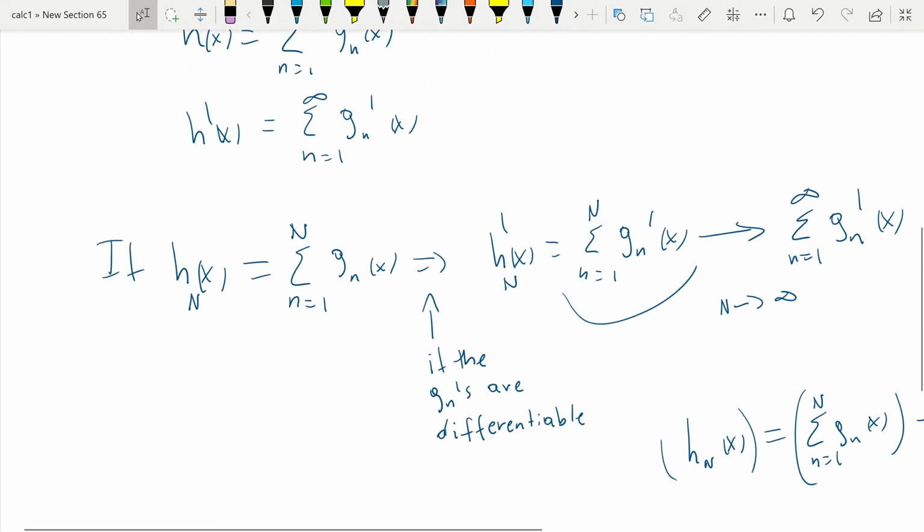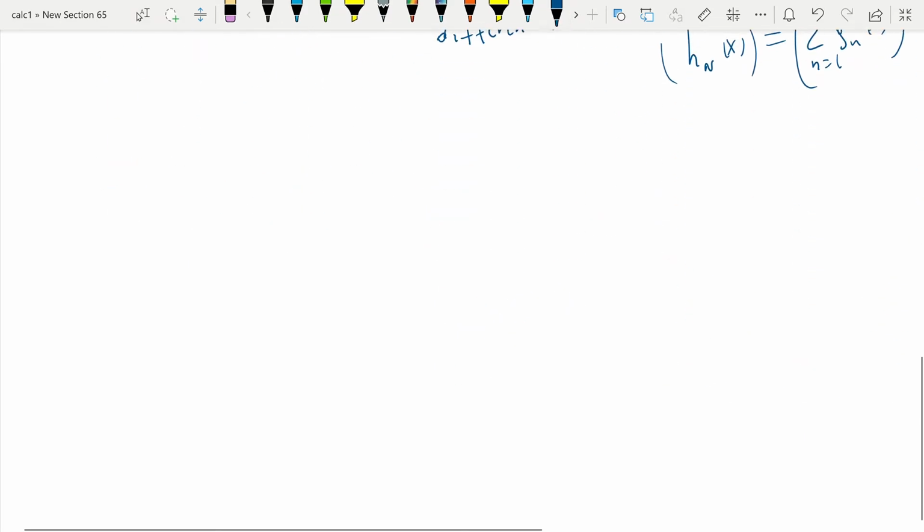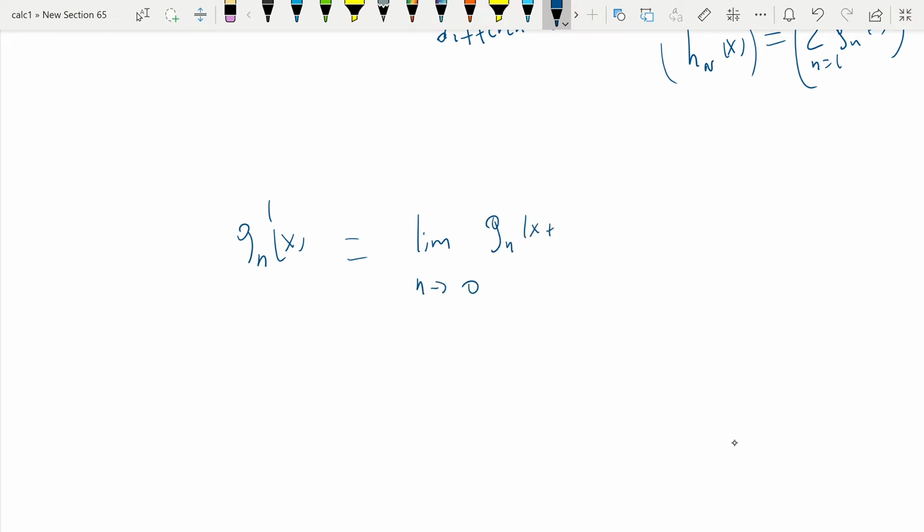Because the derivative here is a limit. The derivative g_n prime of x is the limit when h approaches 0 of g_n of x plus h minus g_n of x, all of that divided by h.